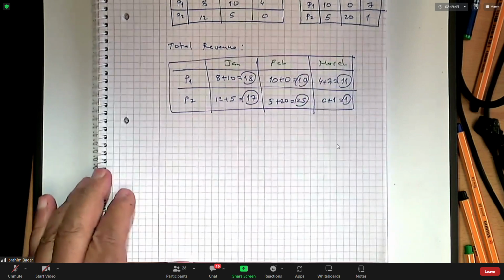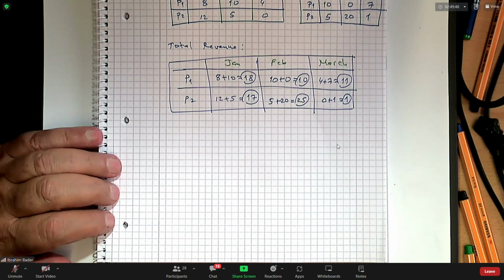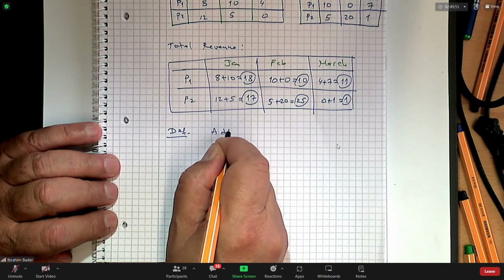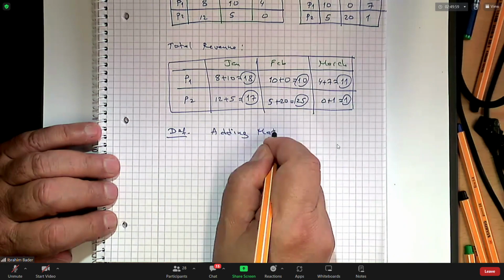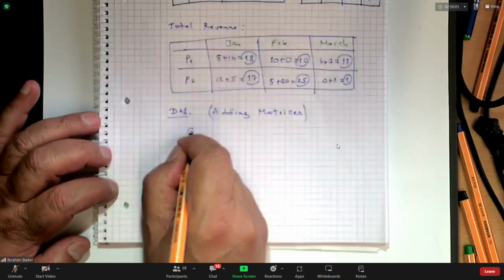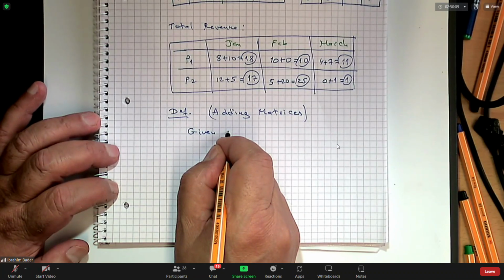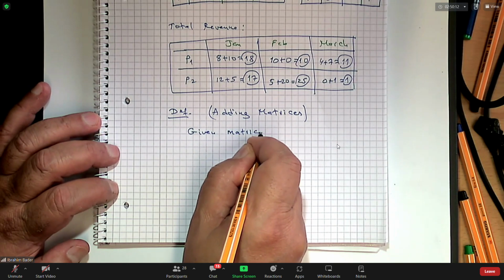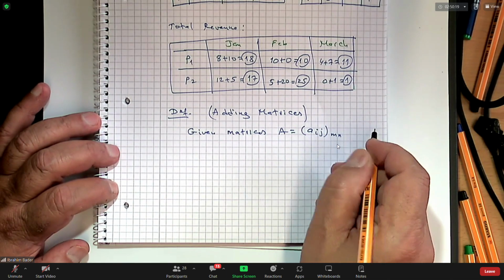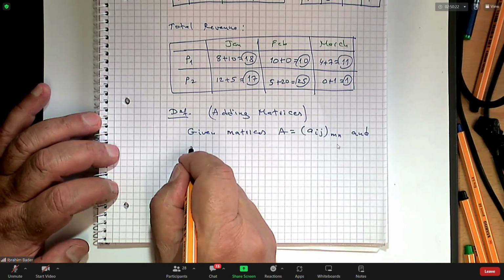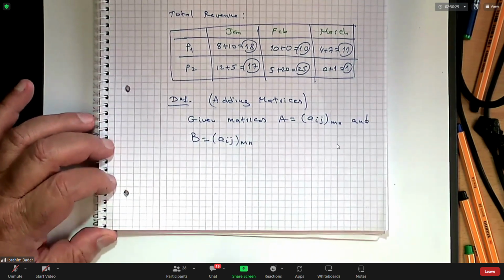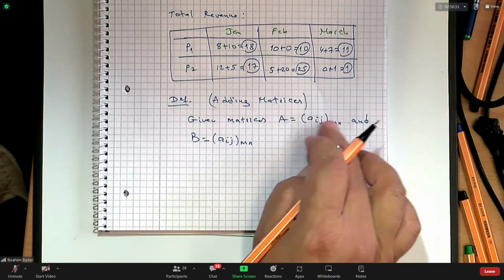adding matrices is defined as, if we start with 2 matrices, let's say A is equal, let's use this notation ij with M rows, N columns, and another matrix B. Now here I will reiterate this very important note that both must be from the same dimension.